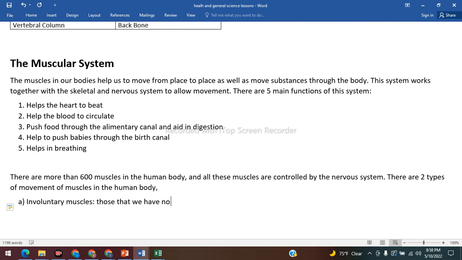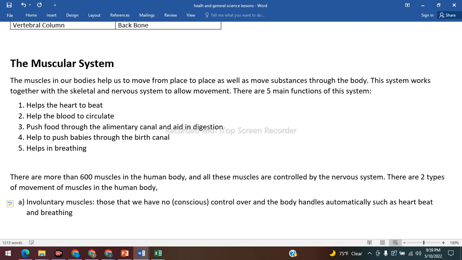Those are muscles we have no conscious control over, and the body handles automatically, such as heartbeat and breathing, and the muscles involved in digestion.